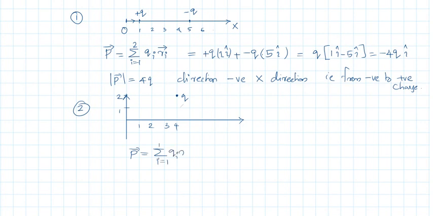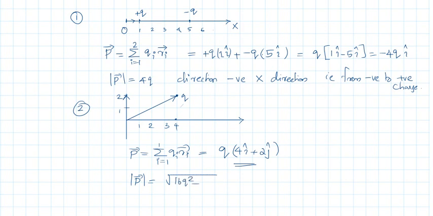So the charge is q. What is the position vector? The position vector is a vector drawn from the origin to that point. It has an x length 4, so it is 4 i cap, and a y length 2, 2 j cap. So the dipole moment is this one. What is its magnitude? It is the square root of 16 q square plus 4 q square, the square root of 20 q square, which is 2q root 5. Okay, this is the expression for the dipole moment.